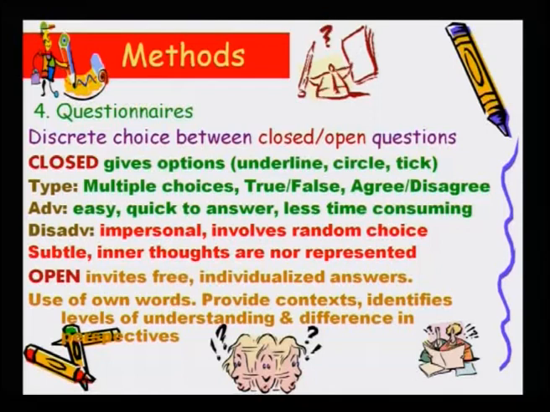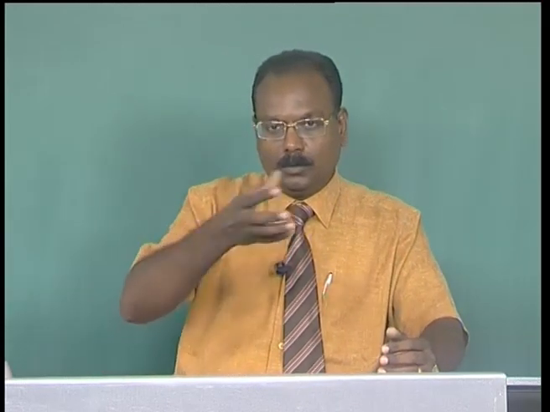The advantage is that it is easy for the respondents, the interviewees to whom you are sending the questions, and it is quick for them to answer. You have already thought of the answers in which you want to take your report. So, the answers that you have given give them a lead, they do not have to think so much and they just have to choose from this.